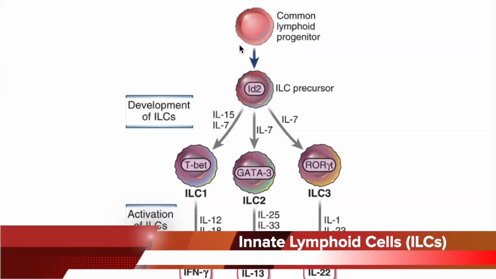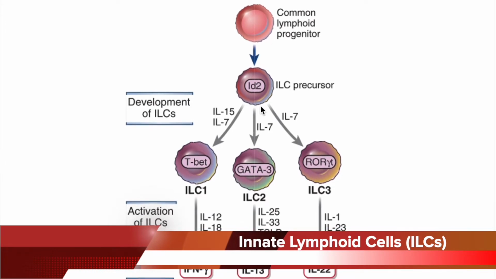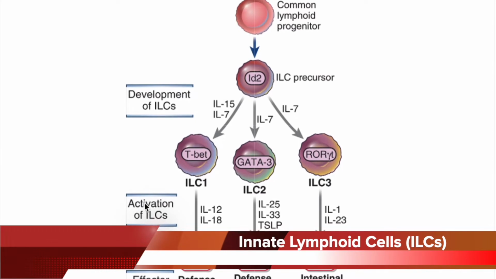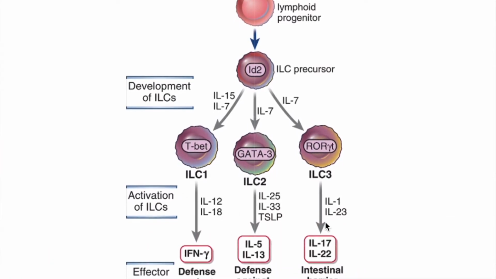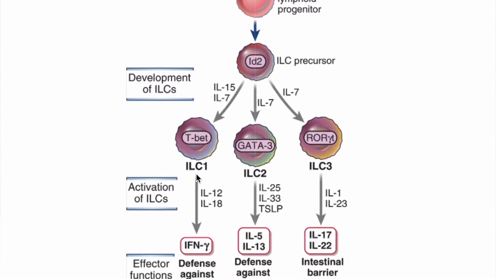So there are essentially three different subsets of ILCs that we can discuss later, but they are grouped in terms of the cytokines that they produce, in terms of the chemicals that they release to modulate the immune response, similarly to what happens with the CD4 T helper cells.